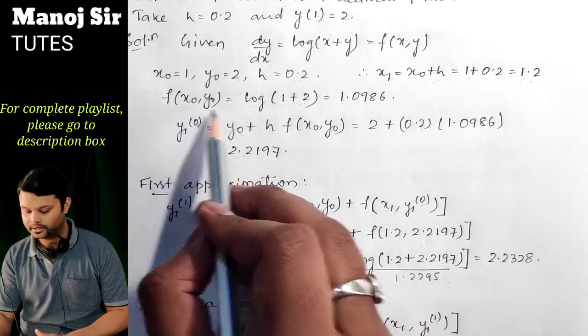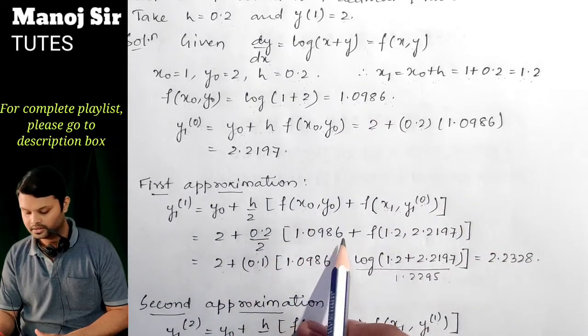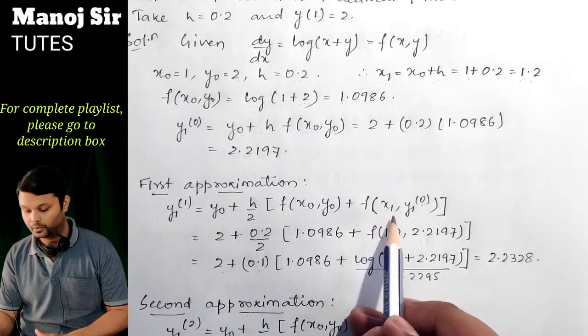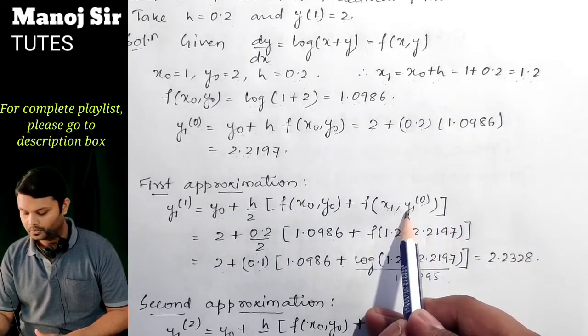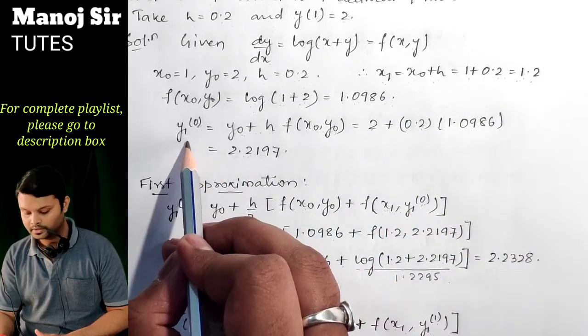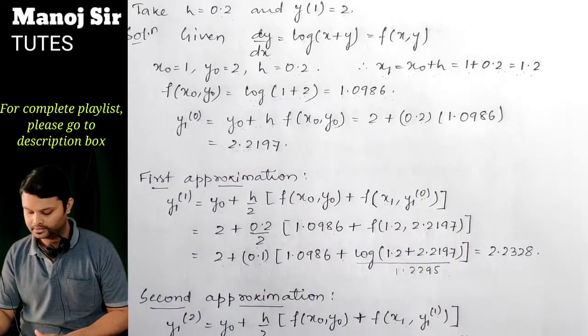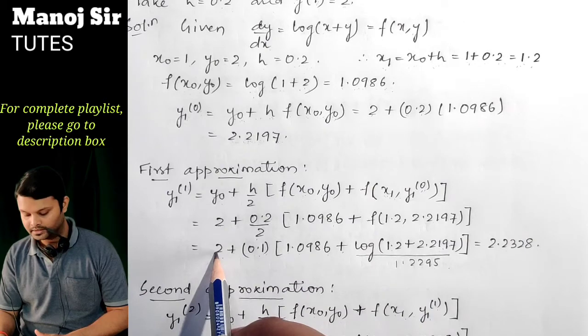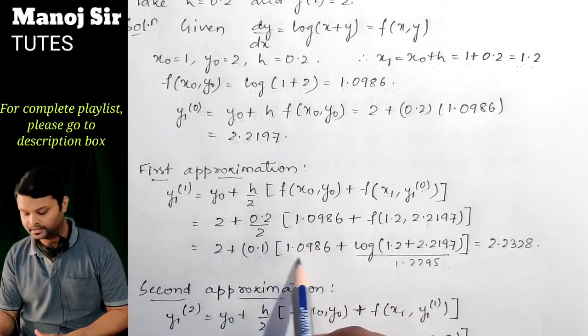We have already calculated, that is 1.0986. Simply write this here, plus f of x1. What is x1? That is 1.2, comma y1 naught. We have already calculated, that is 2.2197. So write this as it is, plus on calculating this we'll get 0.1. Write this as it is.